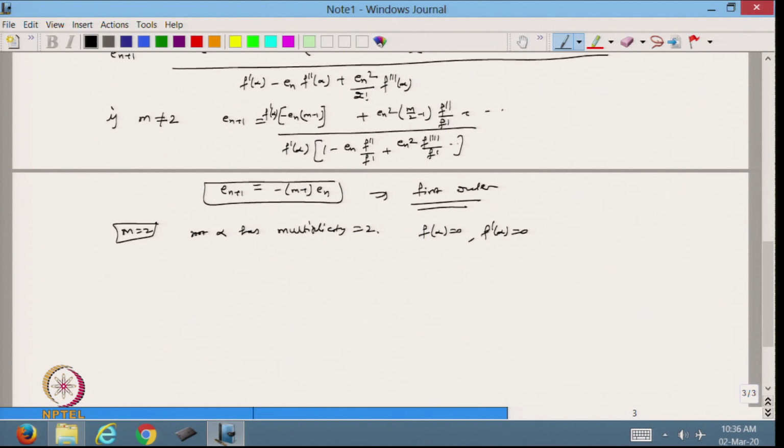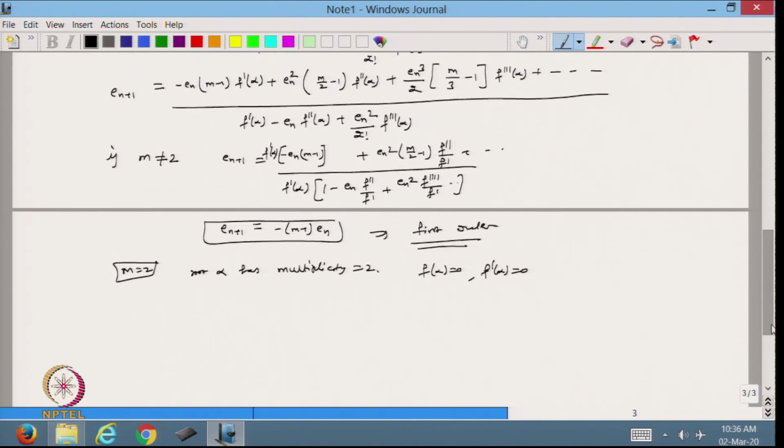So, in that case I can take this term 0 and this term 0. So, my E n plus 1 can be written as, in that case this will be 0, this will be 0. So, I will get only E n square, m will be 2. So, this term will vanish, this term will vanish.